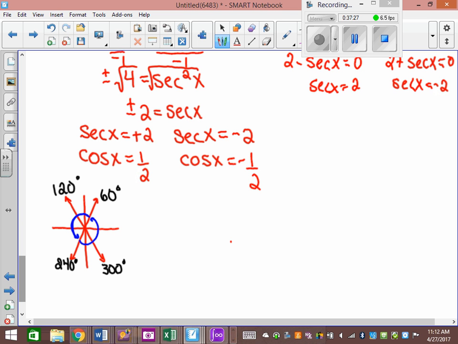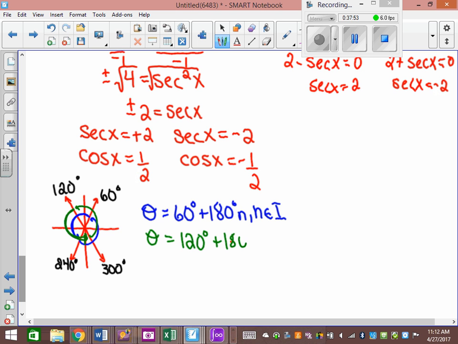180. So I can start with my first positive one, and I can go 60 degrees plus 180 degrees n, n an integer. And then I can put the next one, which is 120. I'm going to go 120 degrees plus 180 degrees n, n an integer. But we're going to have our answers in radians.